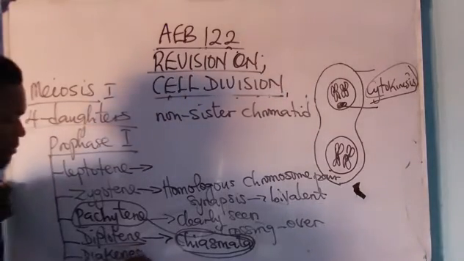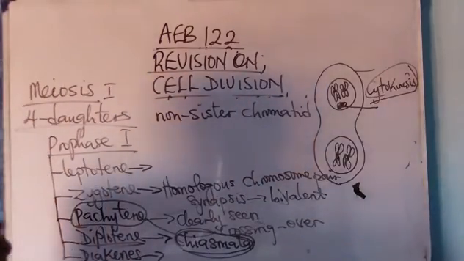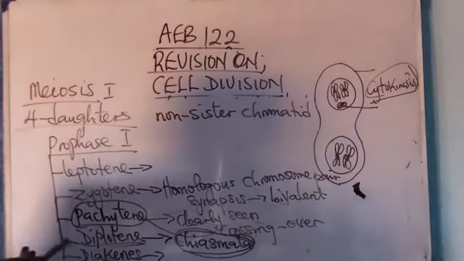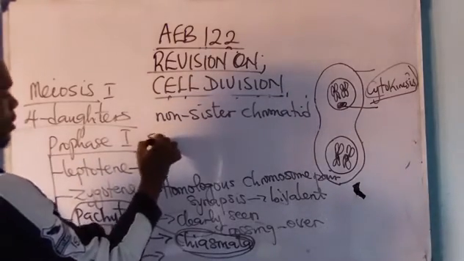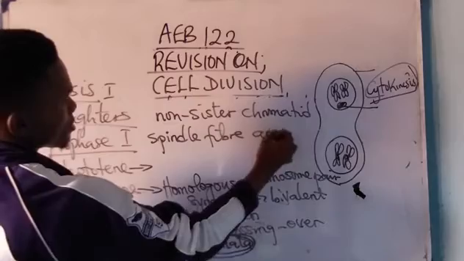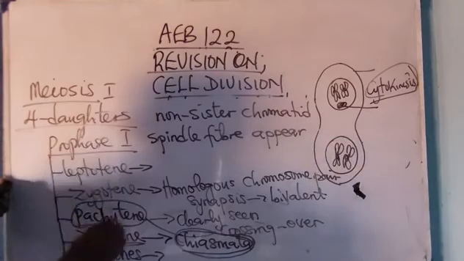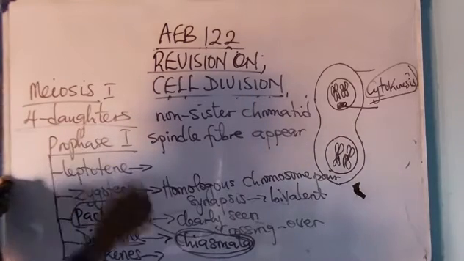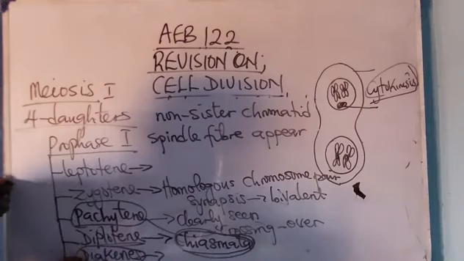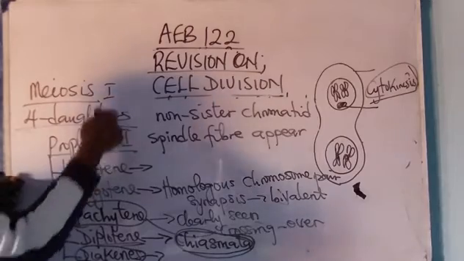Then the diakinesis. During the diakinesis, the homologous chromosomes pull apart completely. They eventually pull apart, and during the diakinesis, spindle fiber appears, that is, it is formed, but the cell membrane and nucleolus disappear. It's what happens during prophase in mitosis that occurs in diakinesis in prophase 1, under meiosis 1.